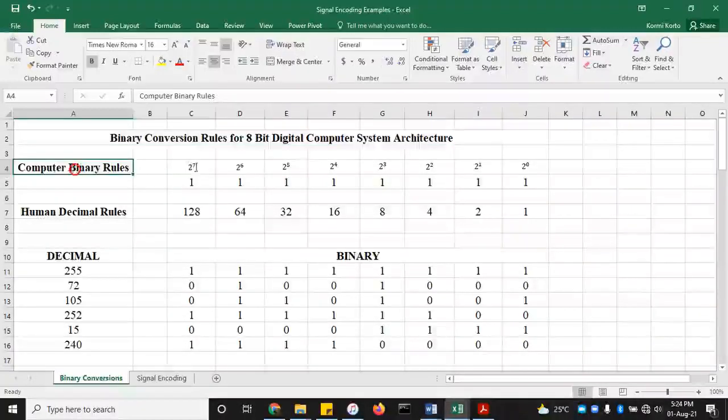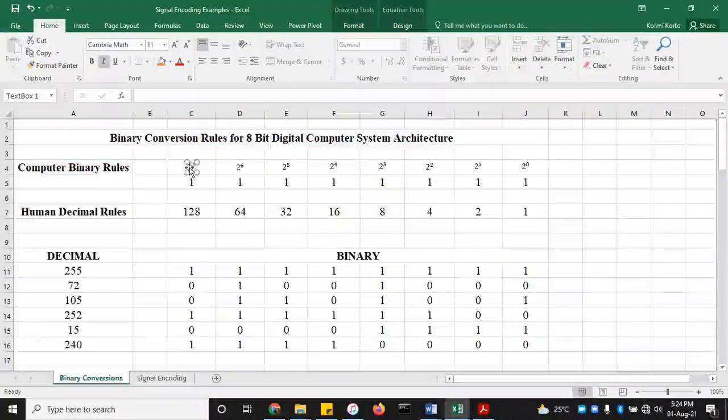The computer binary rule states the 2 state, which is 2 in base 2, hence logarithm base 2, counting from 0 to whatever that number is. So if it's 16-bit, it will count from 0 to 15. Since it's just 8, we count from 0 to 7.